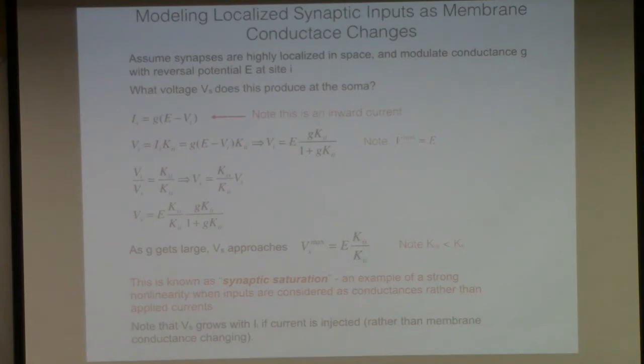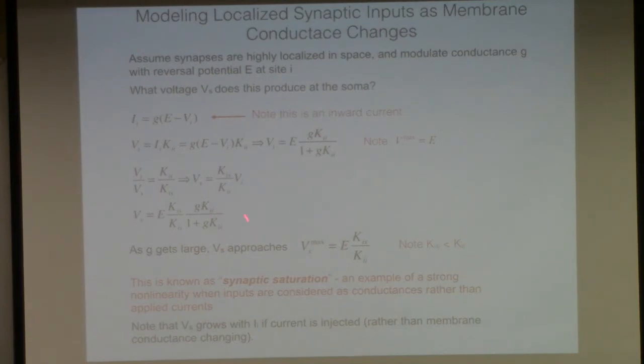And so remember that when a synapse, a receptor, binds a neurotransmitter, the action of that neurotransmitter is to increase membrane conductance. That is the value G. And that increases permeability to whatever ions move through that channel.